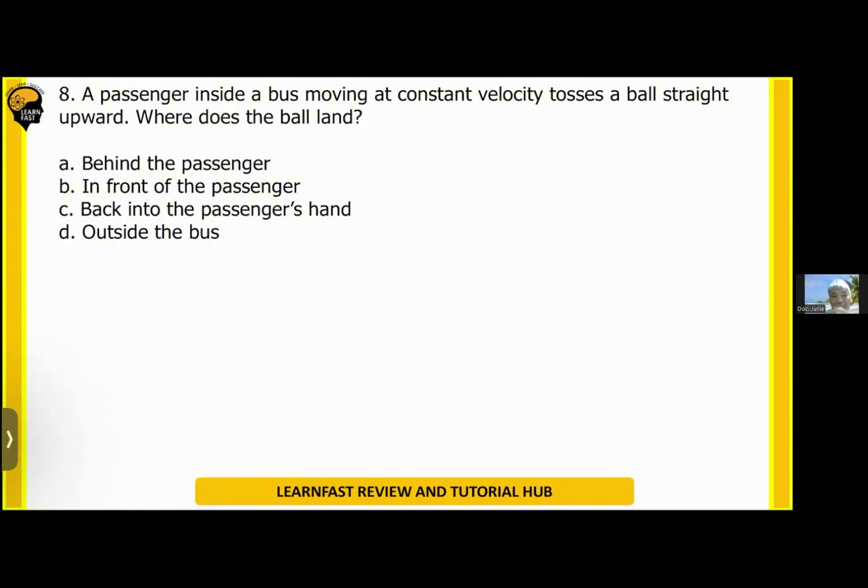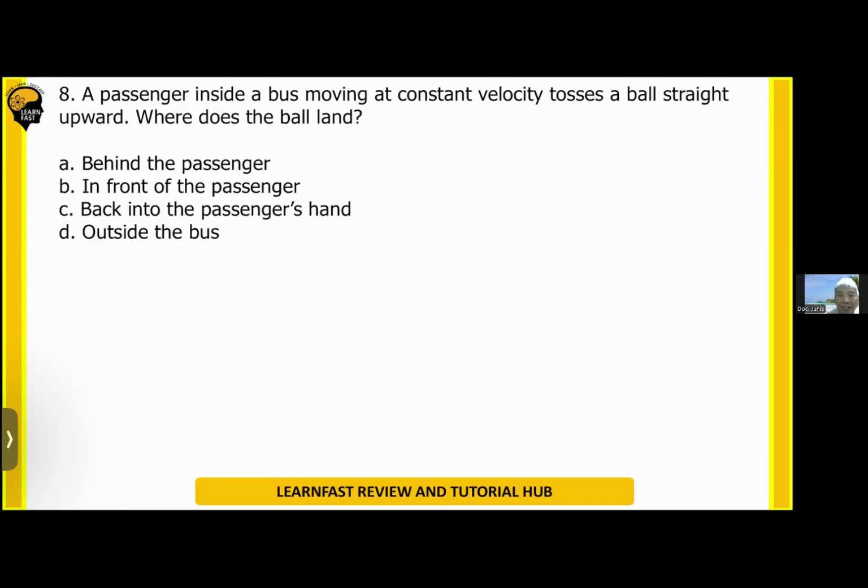A, behind the passenger. B, it says in front of the passenger. Okay, but letter C is telling us that the ball will land back into the passenger's hand. And option D, the ball will land outside the bus. Now let's read the statement of the problem very well.